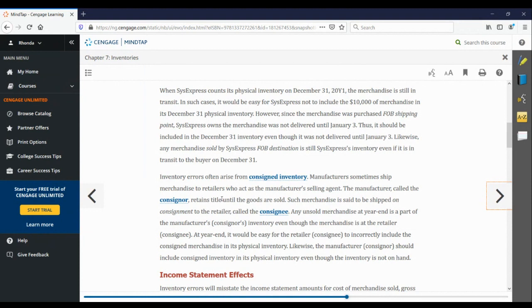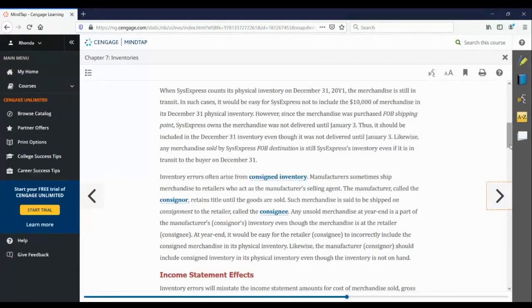If I'm the consignor, I retain the title of the goods until they are sold. So if the manufacturer sends the inventory to a store to be sold for them, then that inventory is their inventory.